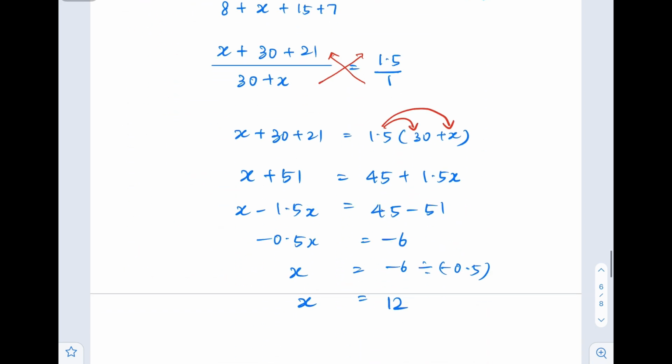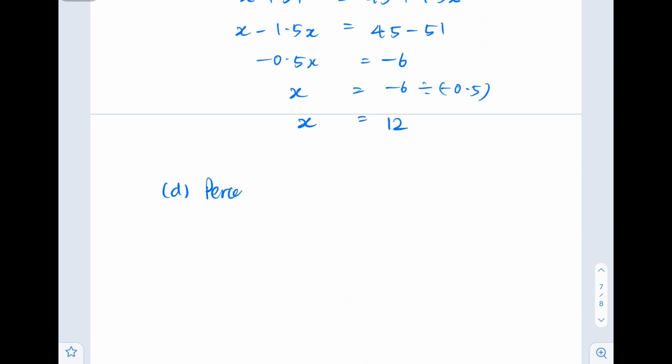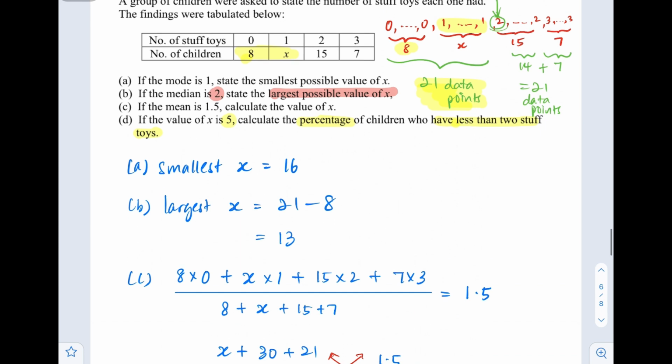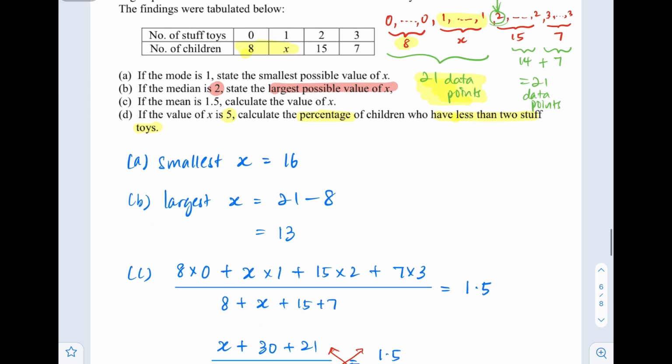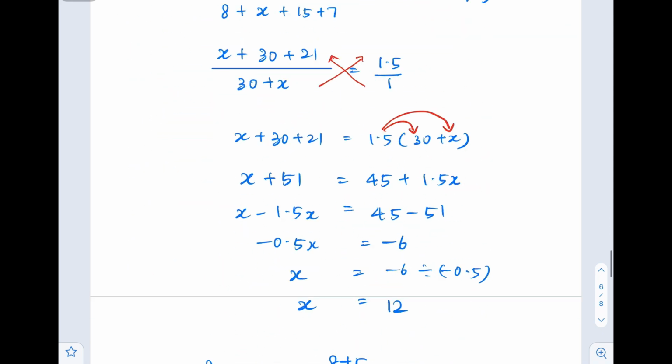To get the percentage, you simply need to take the number of children that have less than 2 stuffed toys, which is 8 plus x, but x is 5, so it's 8 plus 5. Then divide by the total number of children. The total number of children is 8 plus 5 plus 15 plus 7.